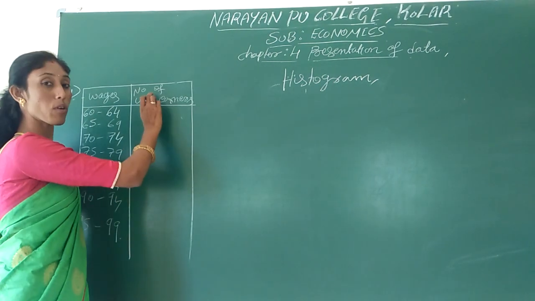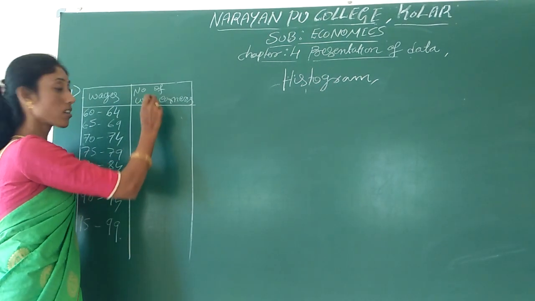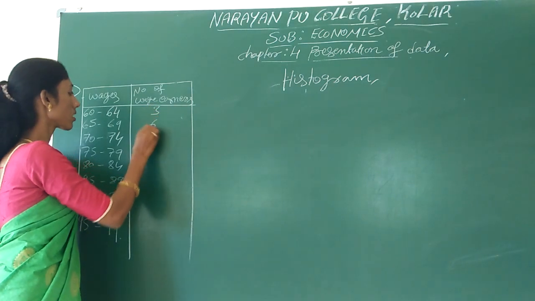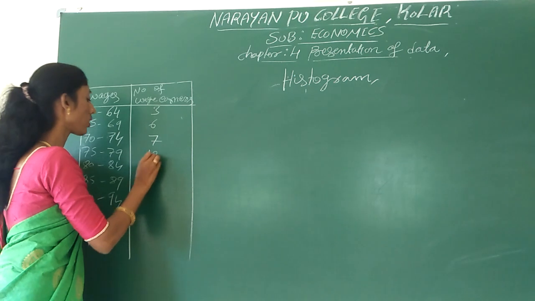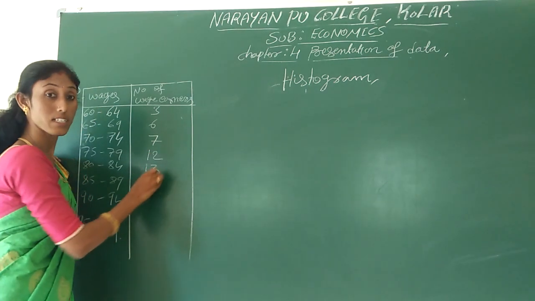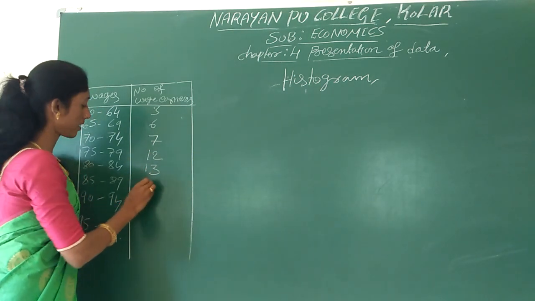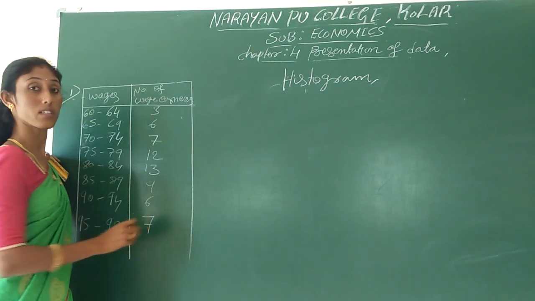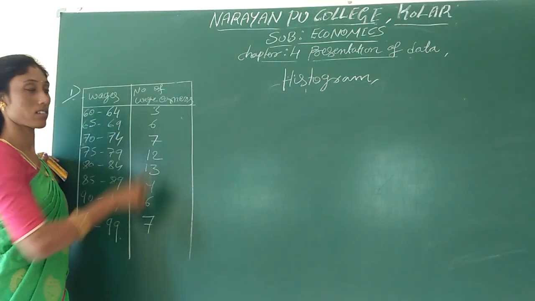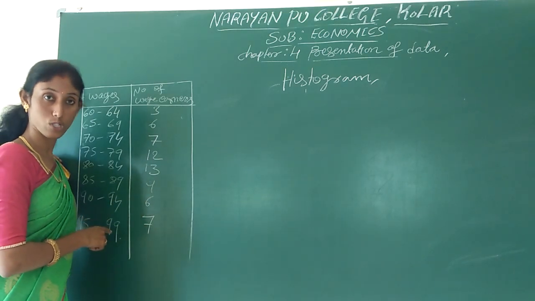And your number of wage earners are 3, 6, 7, 12, 13, 9, 6, 7. This is the data that I have given in the question.